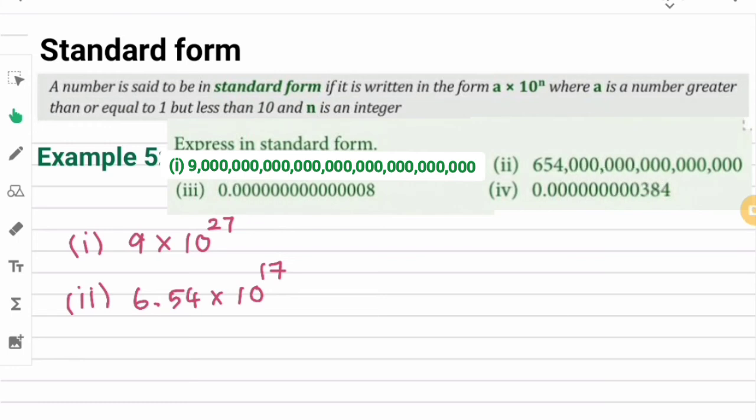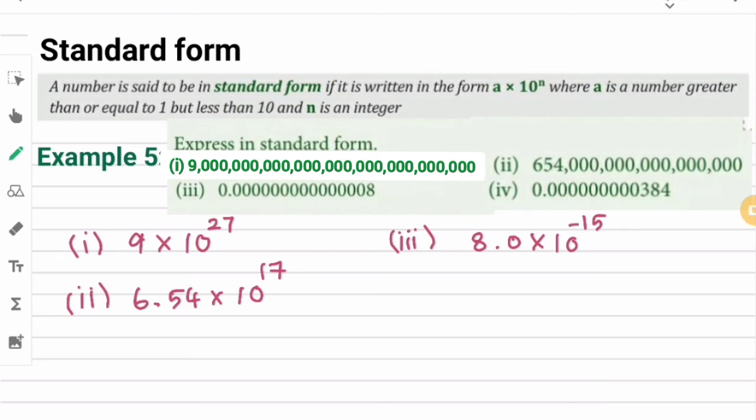And in the third subdivision, I am going to move the decimal towards right side. See the decimal over here? I am going to move this one towards right side. So count the zeros. 8.0 into 10 to the power 15, right?